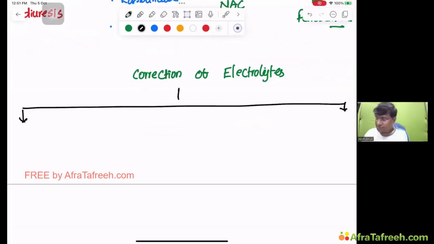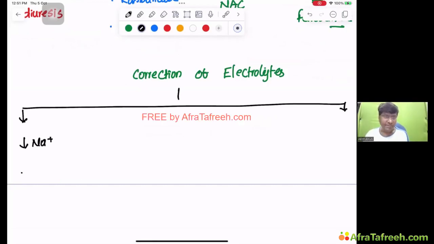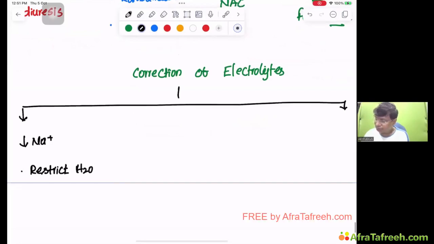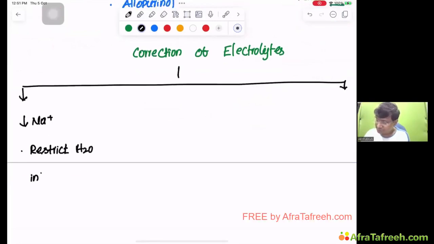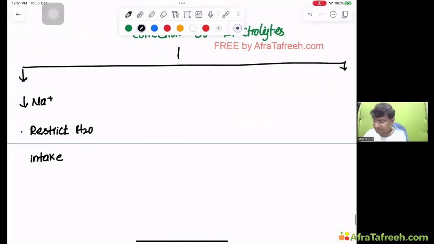So when there is dilutional hyponatremia and the individual is asymptomatic, the only treatment is to restrict the water intake.